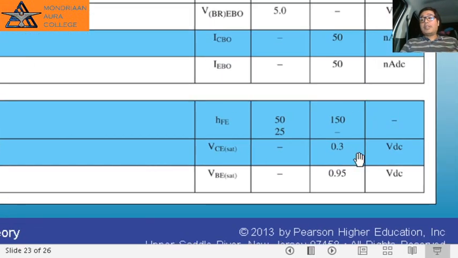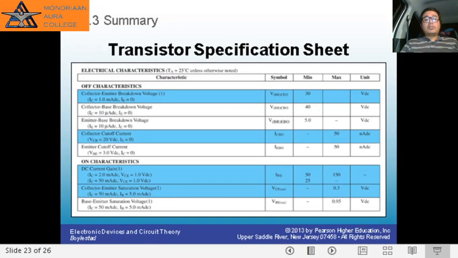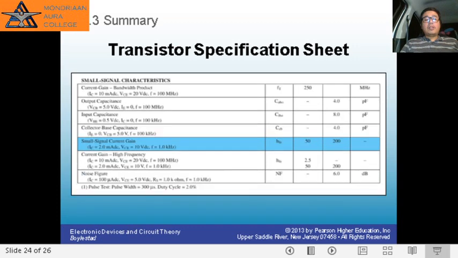So this is 0.3. So hindi naman talaga eksaktong 0. Meron siyang maliit na voltaheng nag-i-exist sa collector to emitter kapag ito ay nakasaturate. But anyway, para mas maintindihan natin, magkakaroon tayo ng future discussions and examples para dito sa transistor circuits natin.